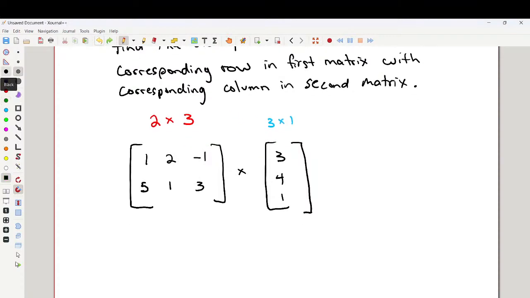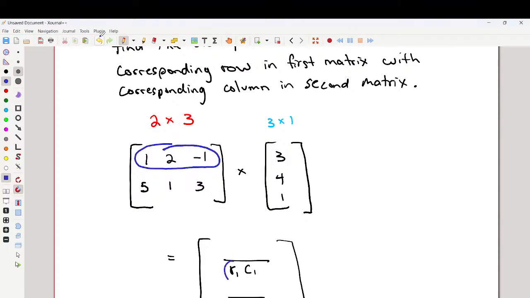So I need a 2 rows by 1 column matrix. Row 1, column 1. Row 2, column 1. And we take everything in row 1 and find the dot product with all the corresponding positions in column 1.